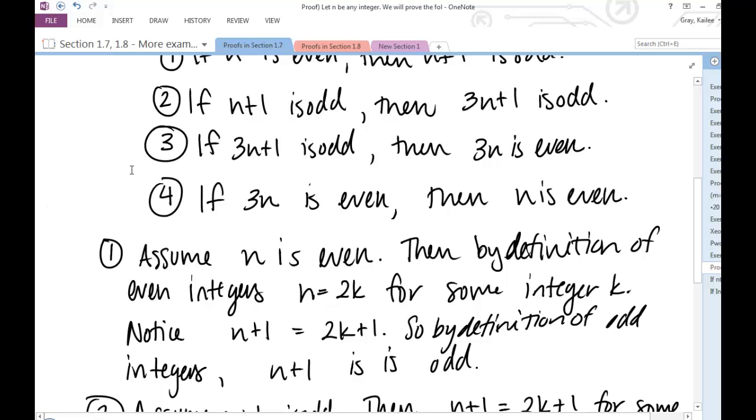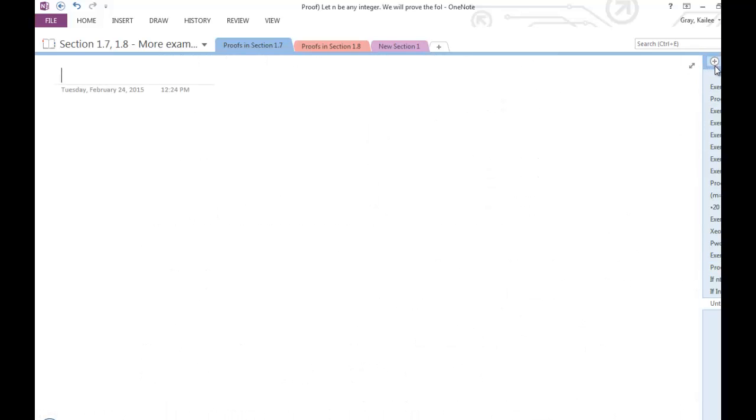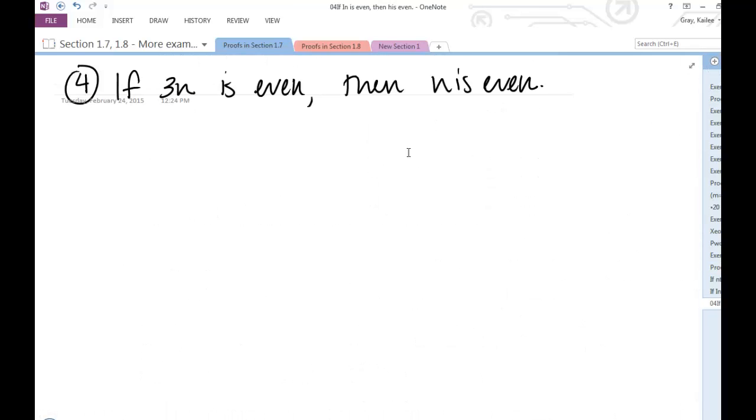We're trying to show that if 3n is even, then n is even. Okay, and this might be one where we could try a little different method outside of a direct proof, but I think we can probably make a direct proof work here. Let's see what we've got. And once we get into the next module, the number theory module, we'll actually have an even nicer way to present this when we start talking about divisibility and prime numbers.